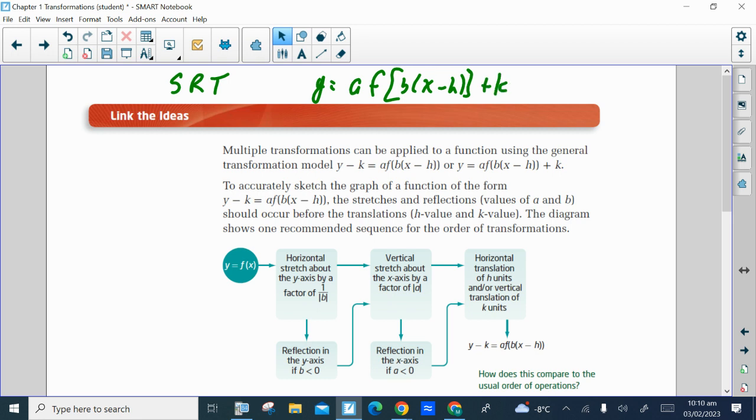So the first two parameters that appear there are the a and the b. That's what does the stretching and reflecting. The last two parameters are h and k. That does your translating. So if you do the a and b first, that's your stretches and reflections. And then do your translations last, that's your h and k. So you have to do them in the right order.